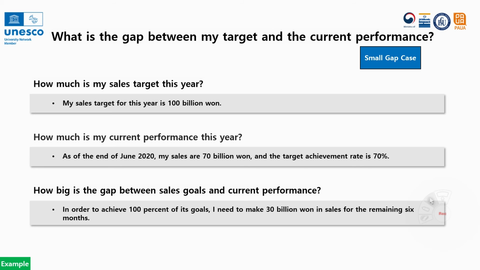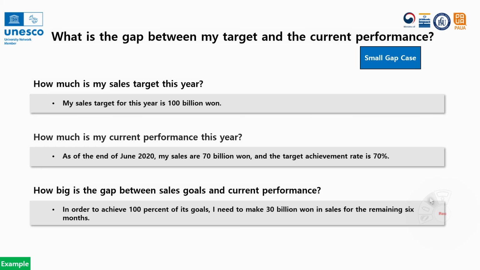What is the gap between the target and the current performance? In this case, how much is my sales target this year? My sales target for this year is 100 billion won. So it's the same as the big gap case in the previous slide.